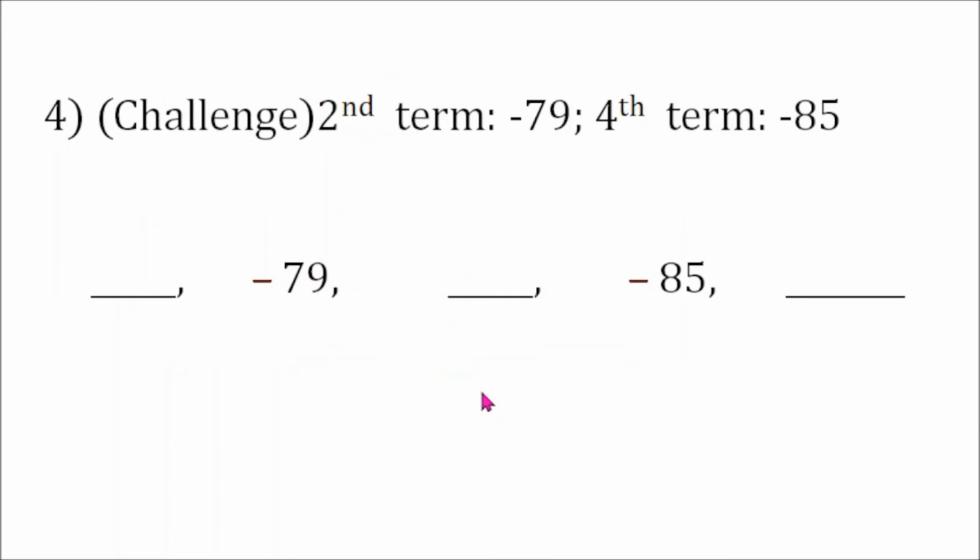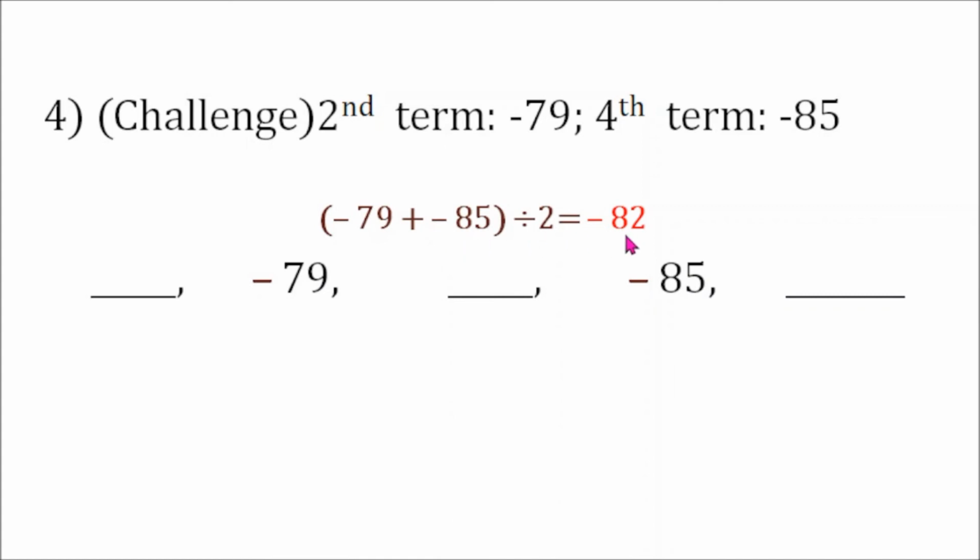Now for the challenge question, the second term is negative 79 and the fourth term is negative 85. So first we are going to find the term between negative 79 and negative 85. So it's just actually the average of these 2 terms. So negative 79 plus negative 85 and the sum divided by 2.